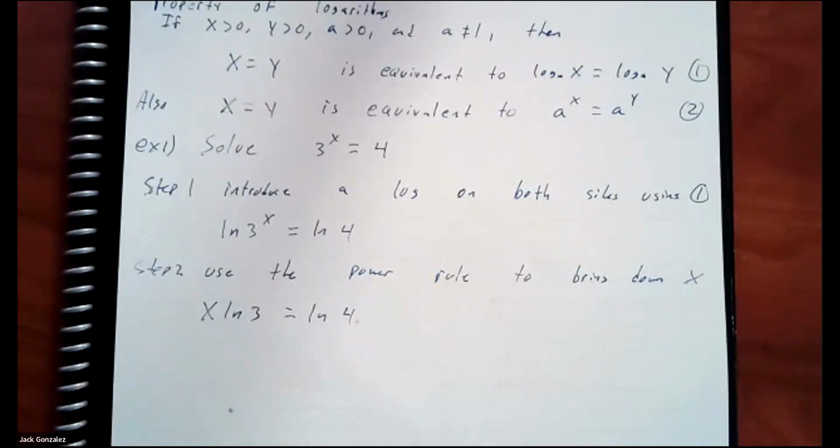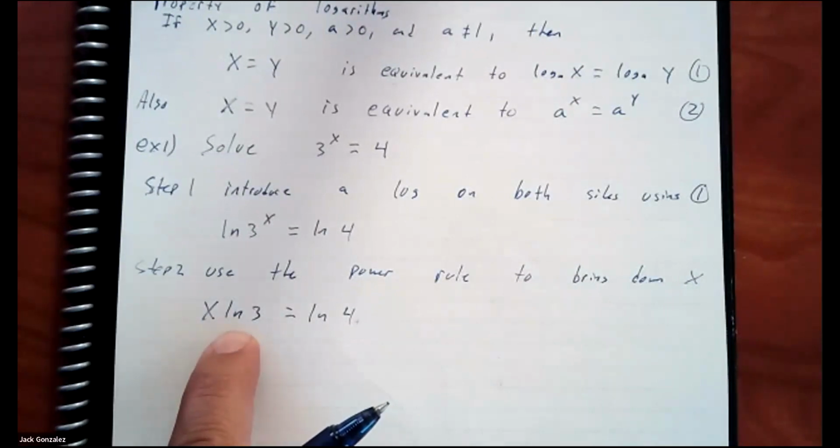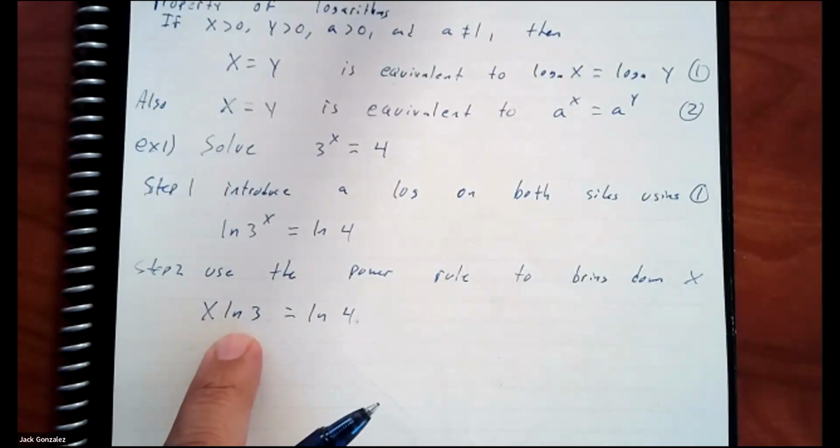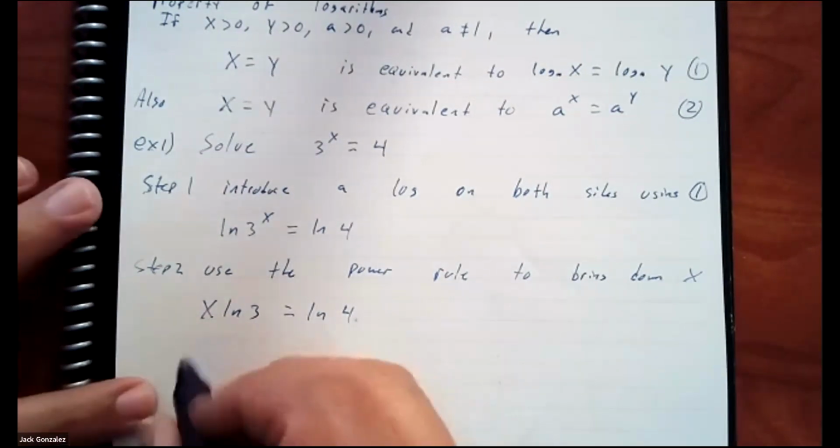That makes sense. Just bring it down. Now solve for x. This is just a number. This is like saying 4x, right? If it was a number, you would divide by that number. Okay. So divide both sides.